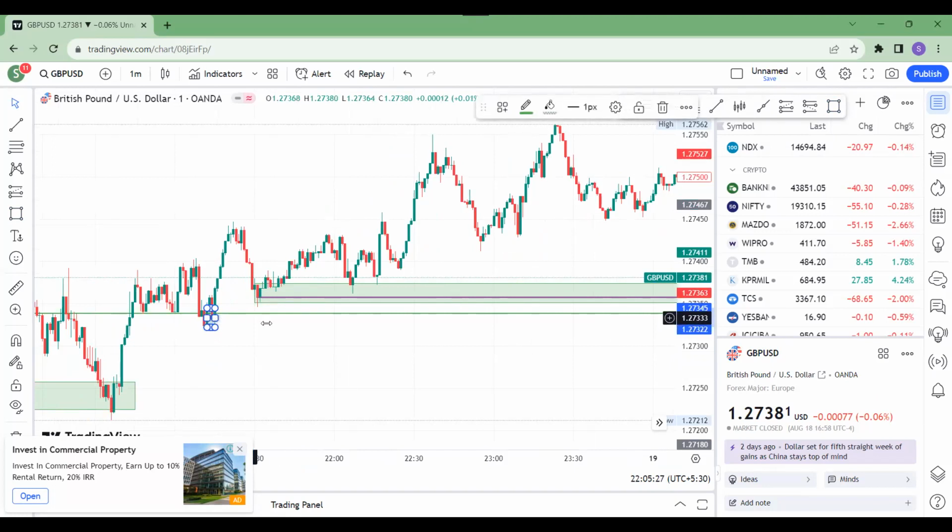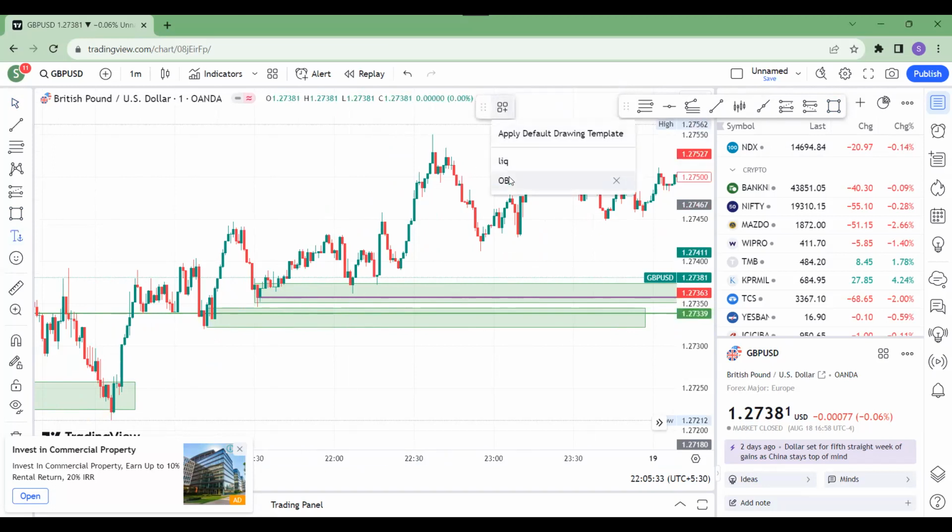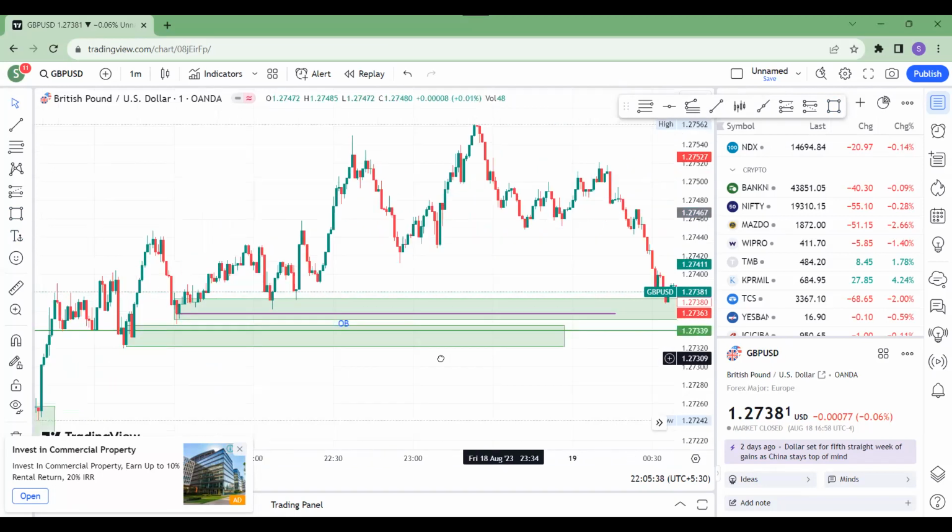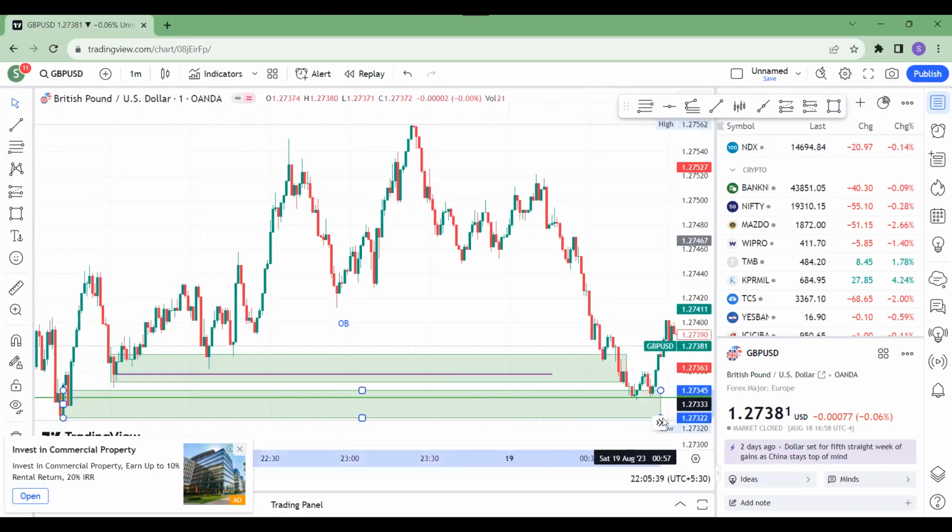So you just wait for that order block level. When you see this order block level, you draw the entire level. You see there is a candle reaction, so we find that this is our inducement level.